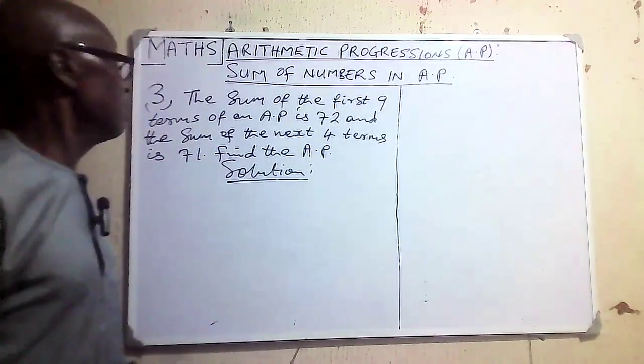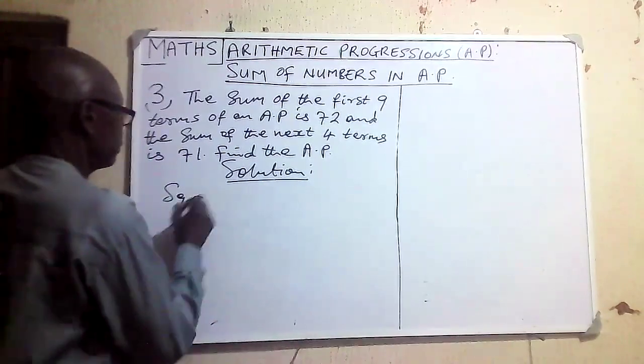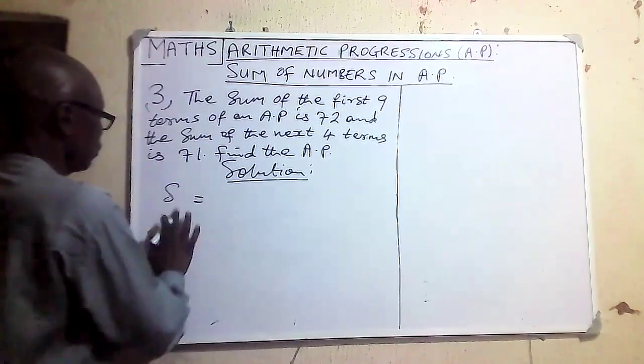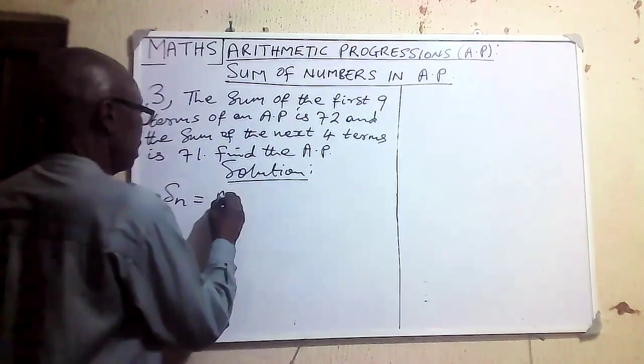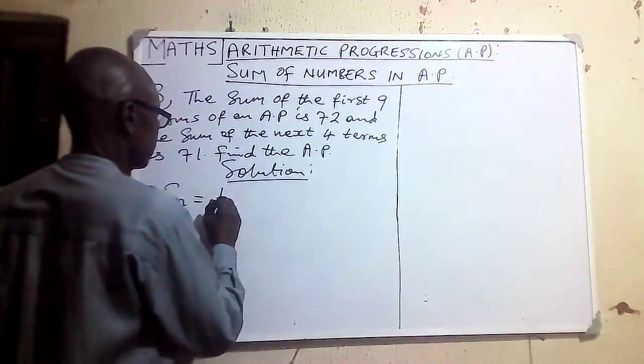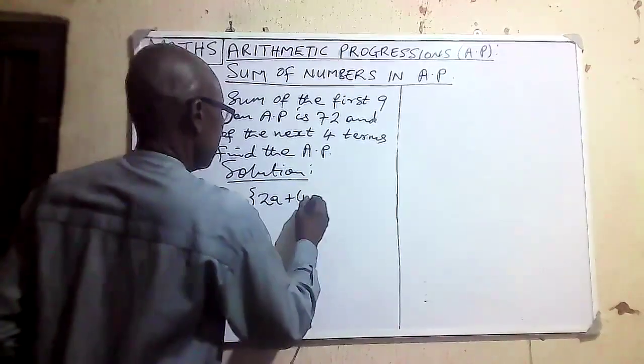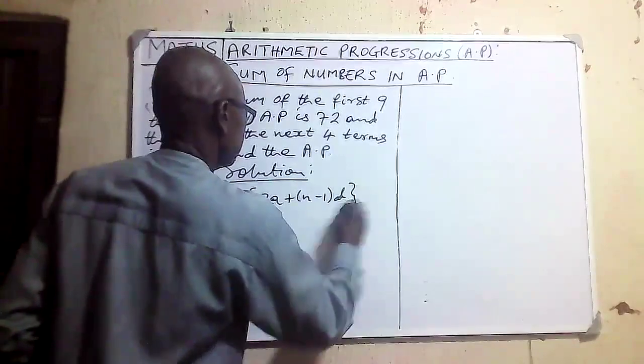We start immediately with the formula. That is S9 is equal to, first of all, we quote the formula: Sn equals n over 2, half n into 2a plus n minus 1 d.